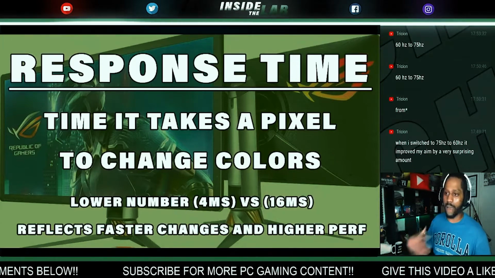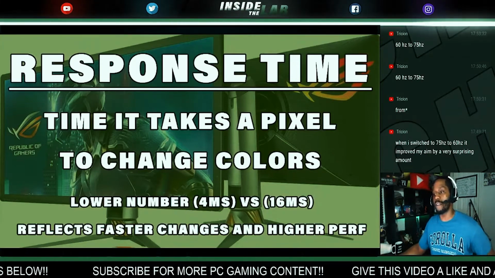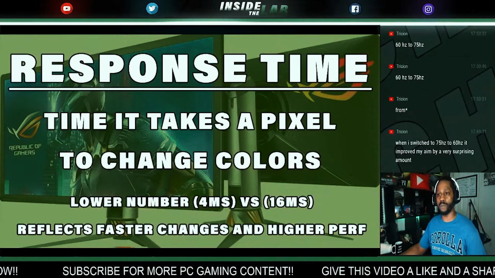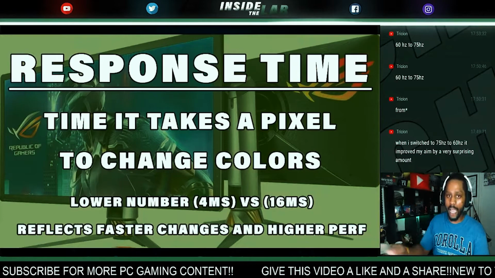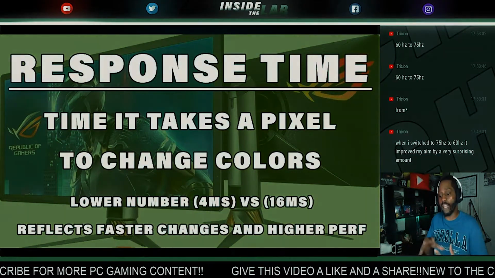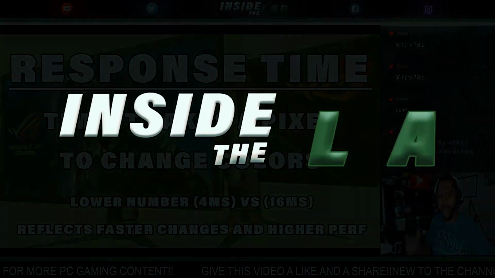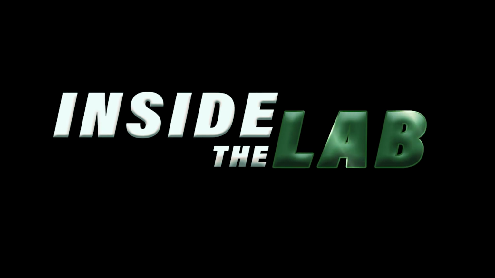It can really take you out of the experience when you're gaming. This is why response time is important. Having a monitor with a low response time and a high refresh rate is a good area to start.